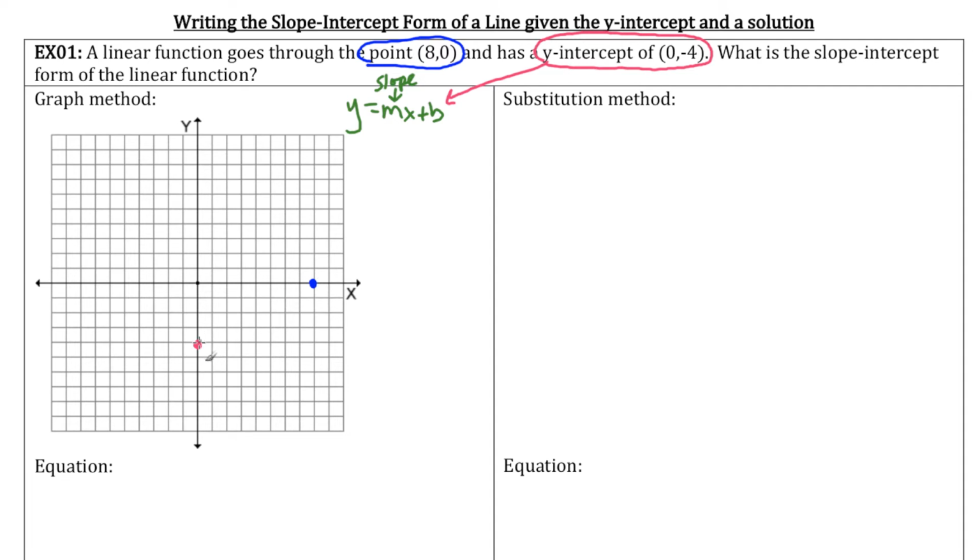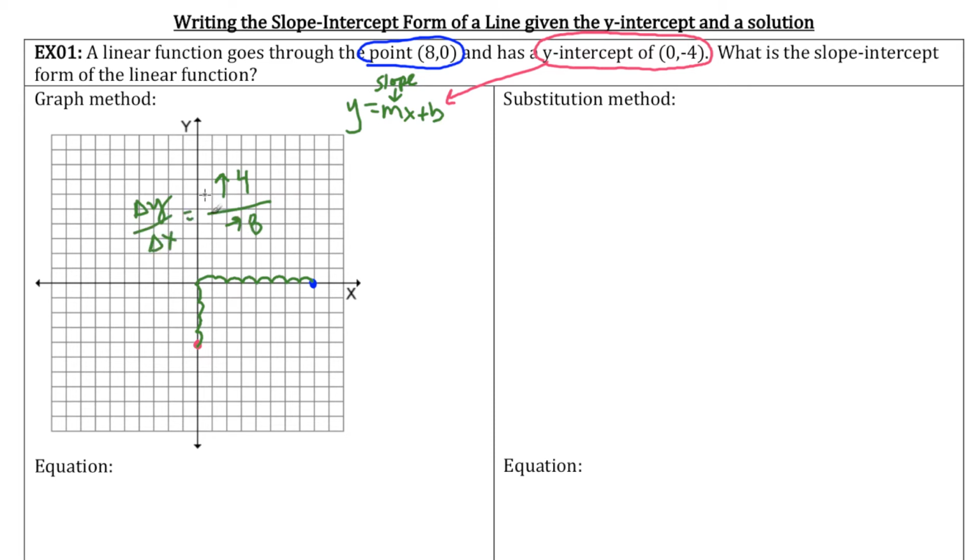So in this case, we go 1, 2, 3, 4, up 4. Then 1, 2, 3, 4, 5, 6, 7, 8, right 8. Before I write this, put change in y over change in x. Make sure you put change in y over change in x.